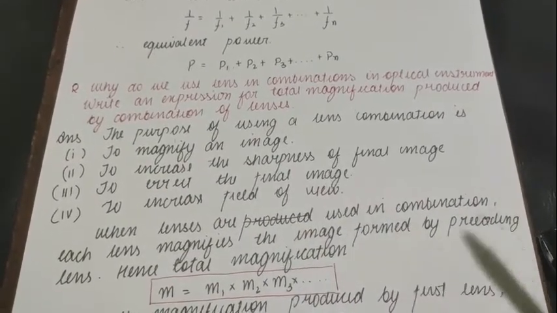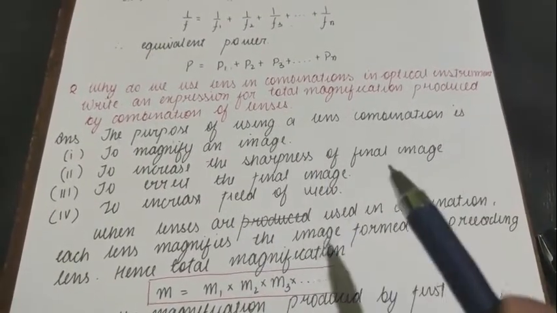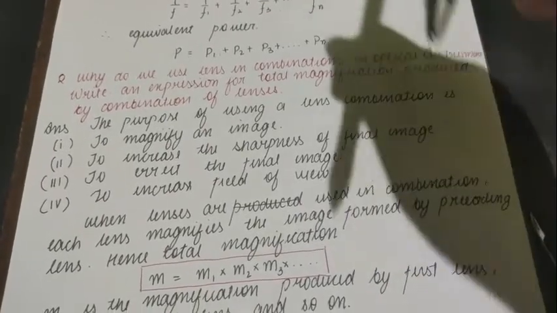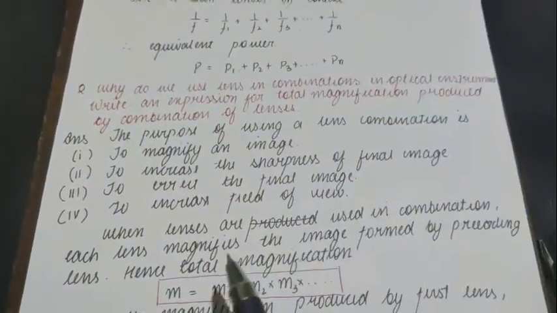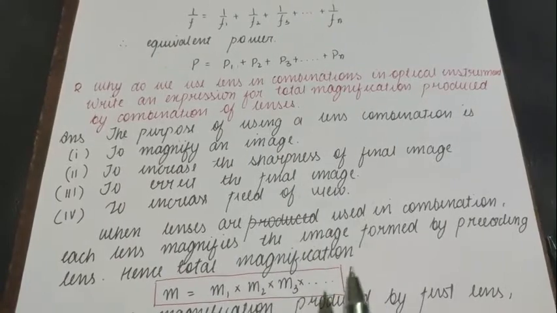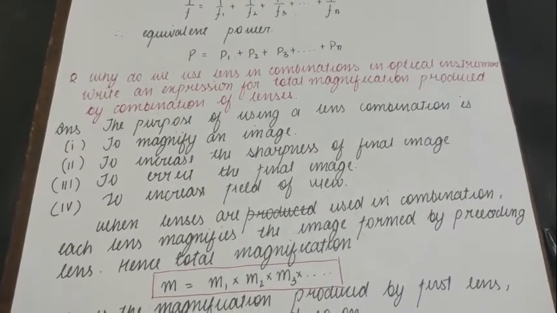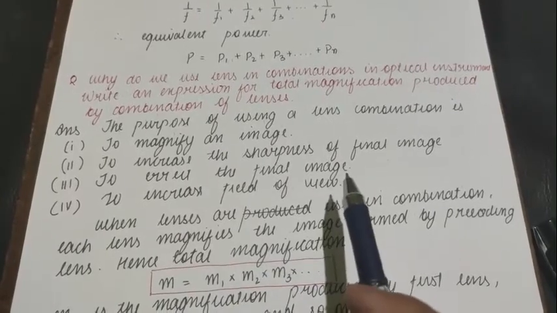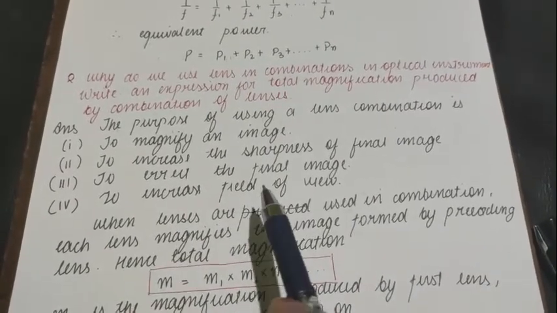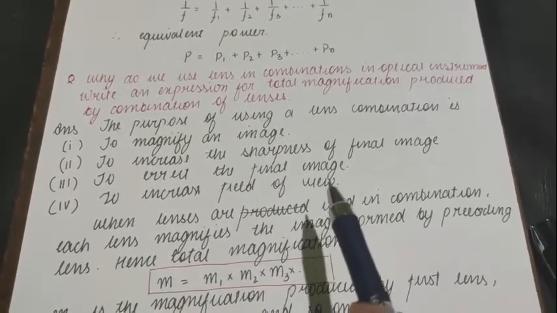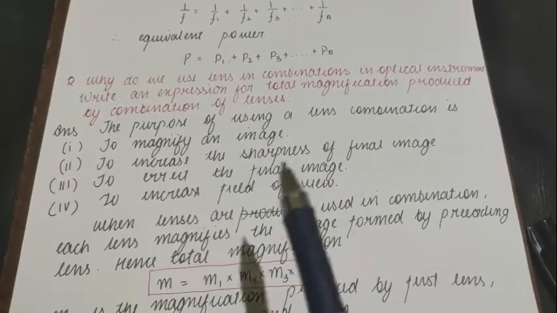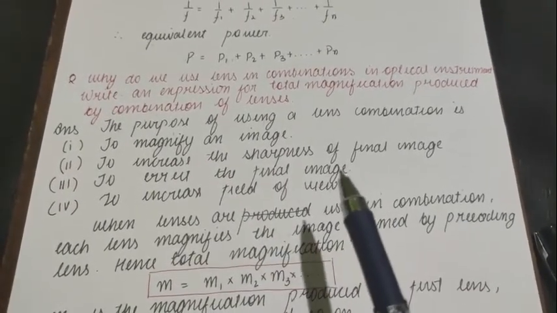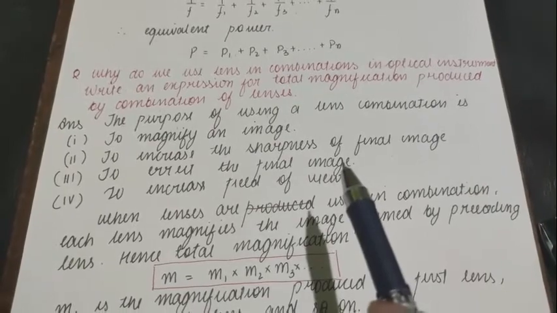Sometimes you have seen your lenses form your image in the downward direction. What you can do is add one more lens so that the image is formed in the upward direction, to erect the final image, and finally to increase the field of view. Clear? To increase the degree up to which a human eye can see. Fine.